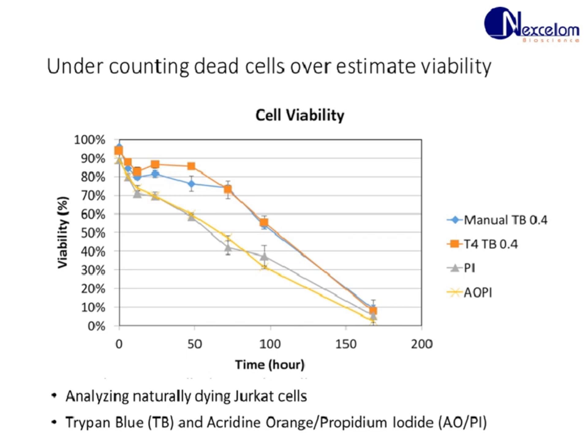And you can also see there is a plateau from 80% until about 75 hours using Trypan blue when the viability starts to drop. And you can see that because of this plateau, Trypan blue overestimates cell viability due to the less counted dead cells over time.